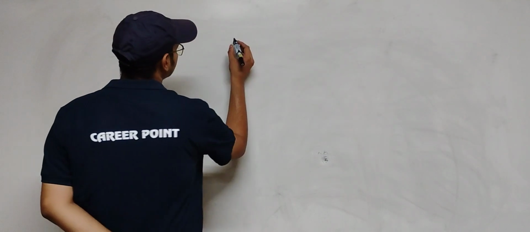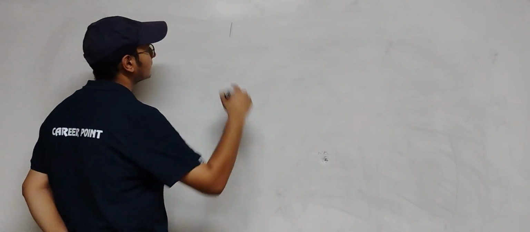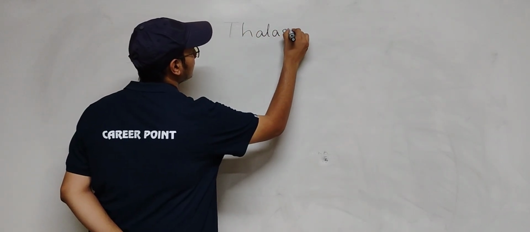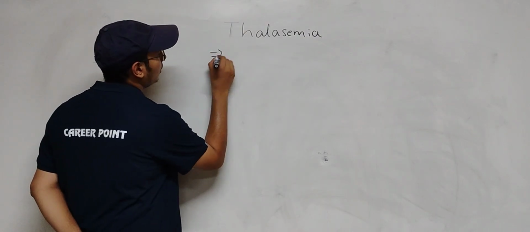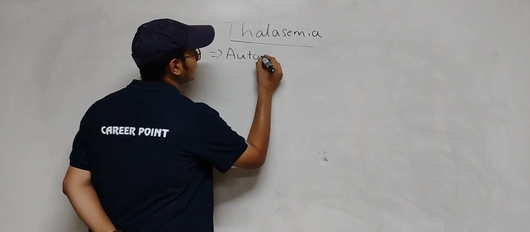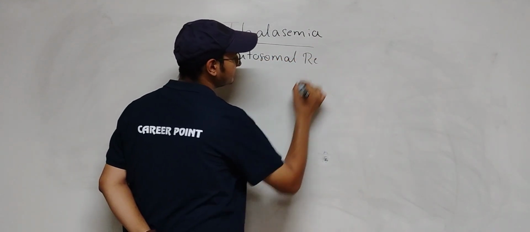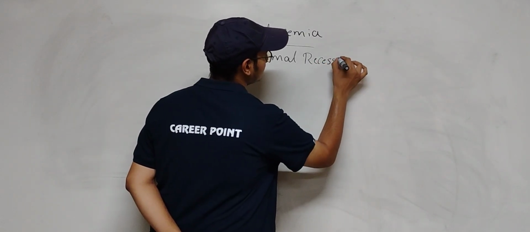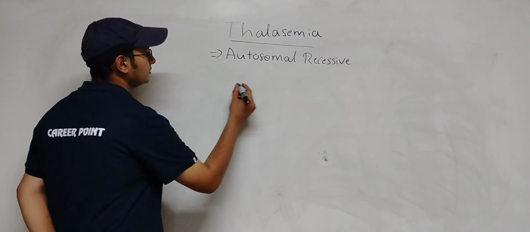Thalassemia. This is also an autosomal recessive disorder. So the defect is present in autosomes and it is recessive, so it needs two alleles to express this disorder.